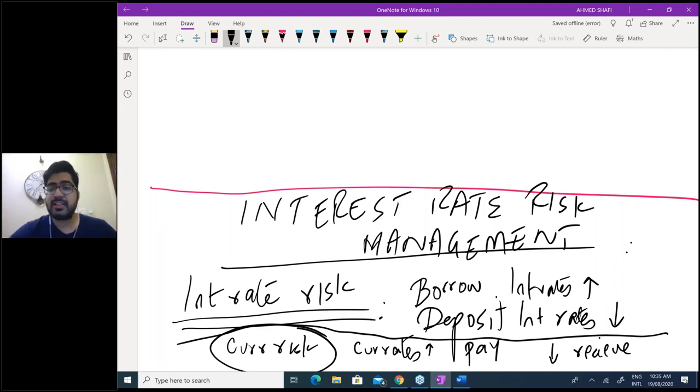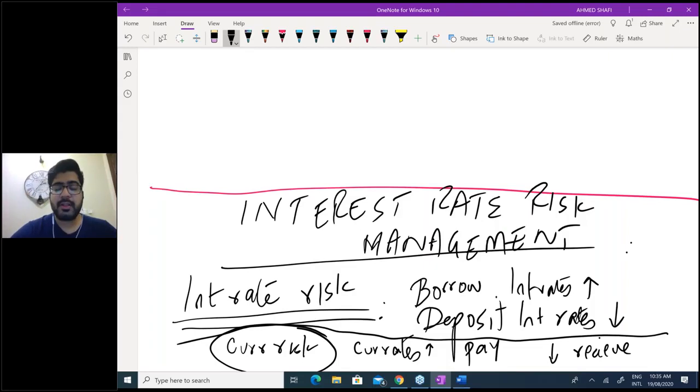So what exactly is interest rate risk? If you plan to borrow money after 4 months, a person will always face this risk that interest rates may go up. And let's suppose we plan to deposit some money after 6 months. A person is always concerned that interest rates may go down.